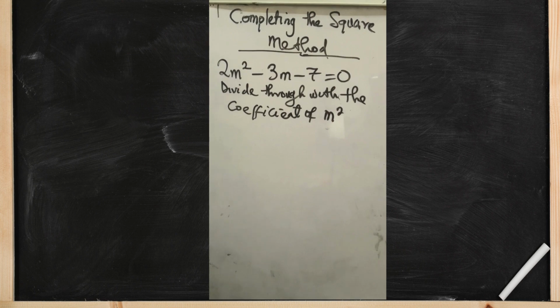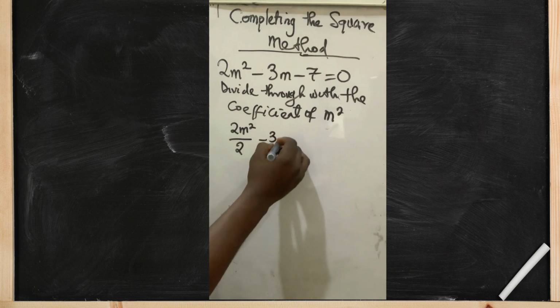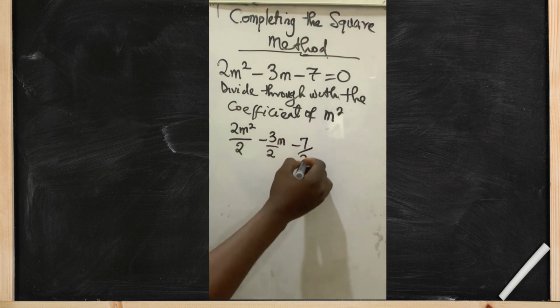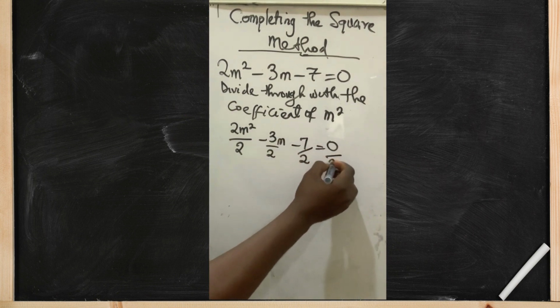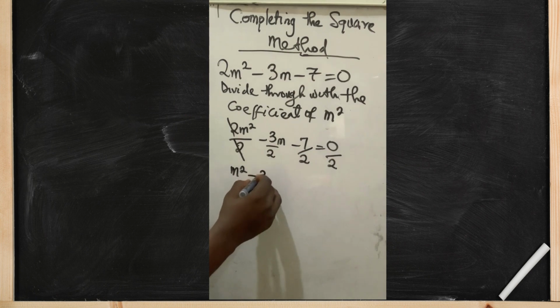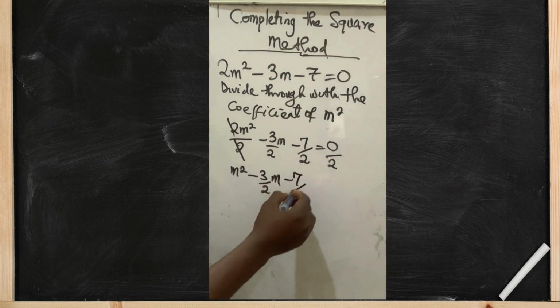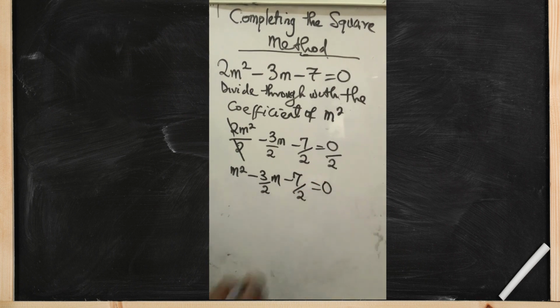If you're dividing through with the coefficient of m squared, you're going to have 2m squared over 2 minus 3 over 2m minus 7 over 2 equals 0 over 2. By the time you simplify this, these two cancel these two out. You are going to be having m squared minus 3 over 2m minus 7 over 2 equals 0, because 0 over anything is still 0.